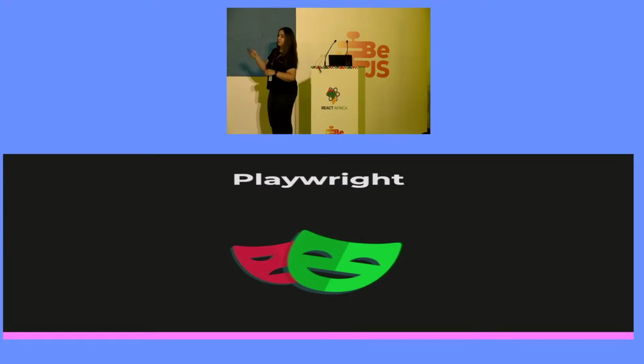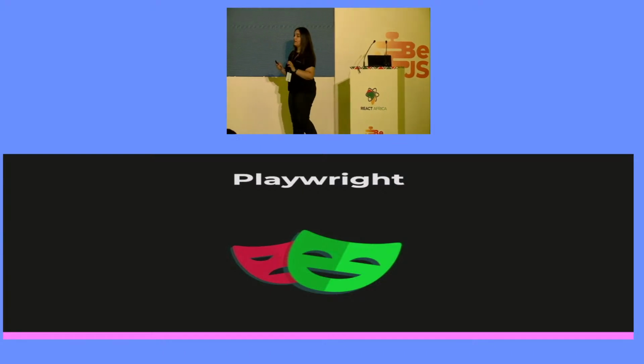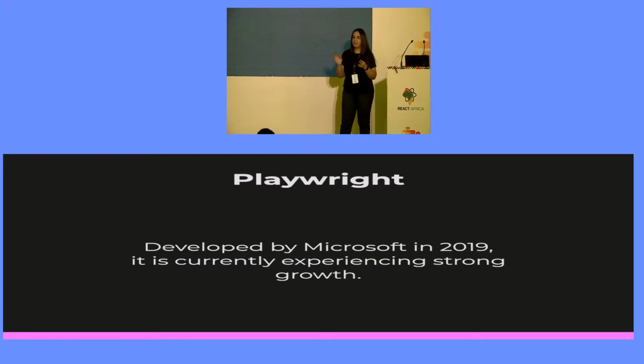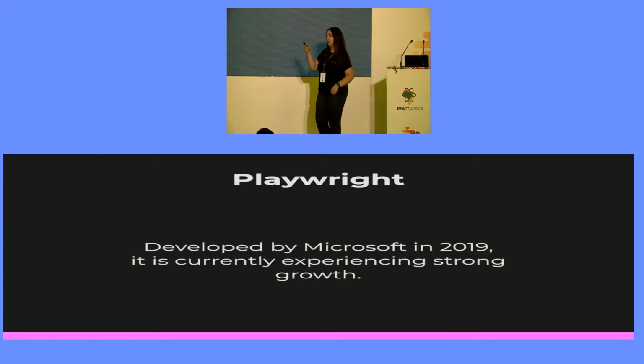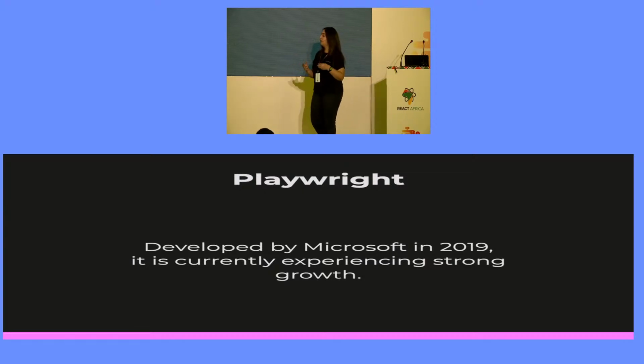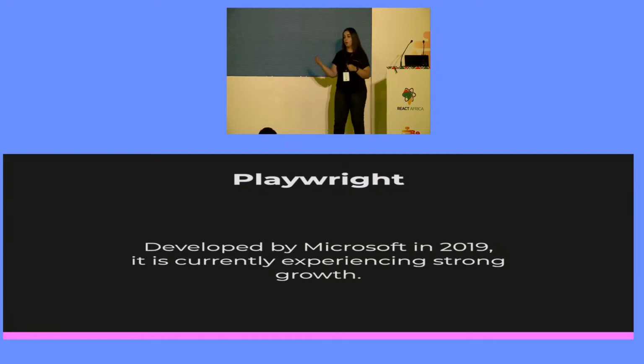Let's go to the last one, Playwright. Playwright is the younger one. It came in 2019, 2020, and it was developed by Microsoft. Even if it's really young, just 4 or 5 years, it's growing so much.